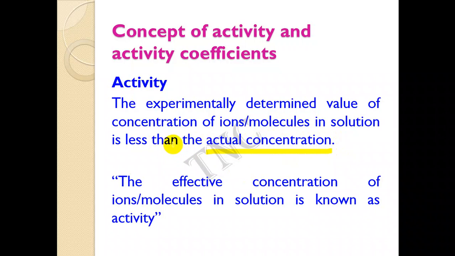That is known as experimentally determined concentration, which we call effective concentration. The actual concentration is the calculated one. Effective concentration is the experimentally observed one. The effective concentration is known as the activity of the solution.